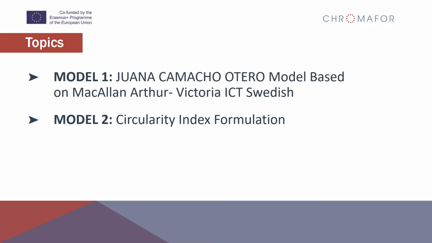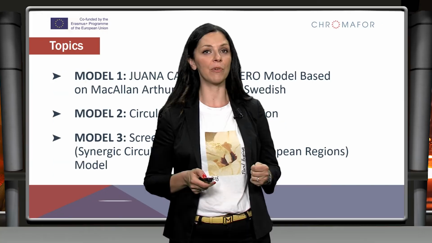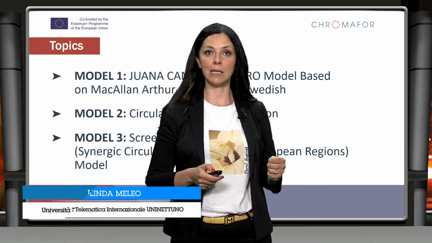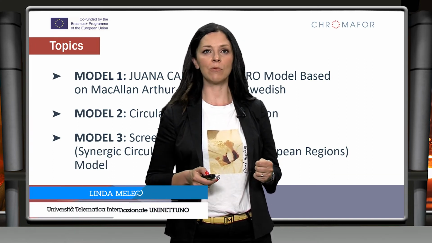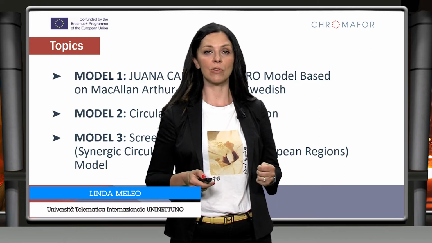Model 2, which is about circularity index formulation, and model 3, which is a Screen Lab model, where Screen is for synergic circular economy across European regions. So these are three models that will be useful for companies to move from linear to circular economy and to assess the way in which they are following circular economy solutions and methods.